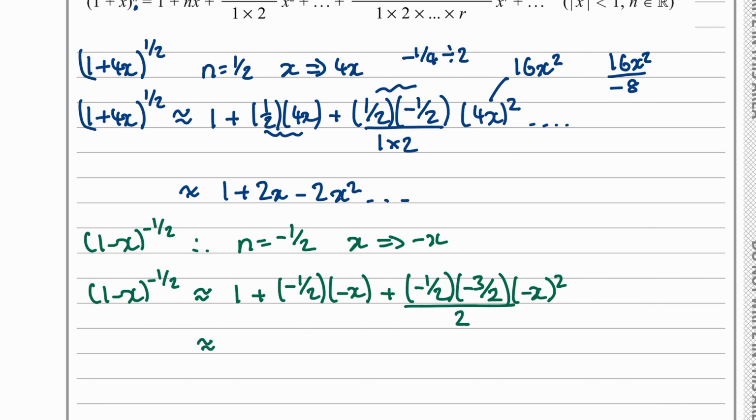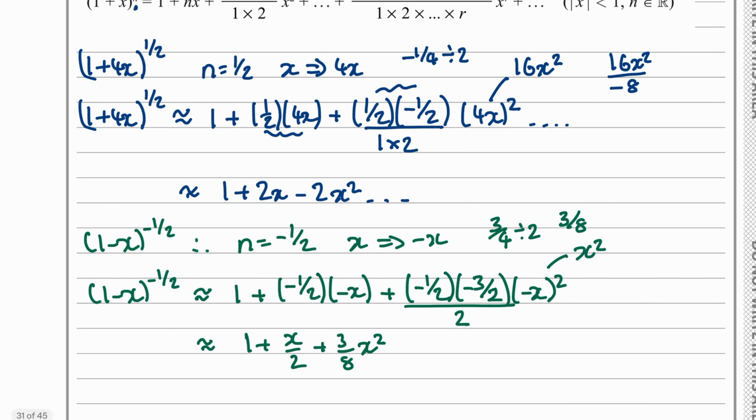So we'll tidy this up. Negative 1/2 times negative x will give us positive x over 2. This negative x term squared will give us positive x squared. And then we'll have negative 1/2 times negative 3 over 2 will give us positive 3 over 4. And when we divide this by 2, we'll get 3 over 8. So we'll add 3 over 8 x squared.